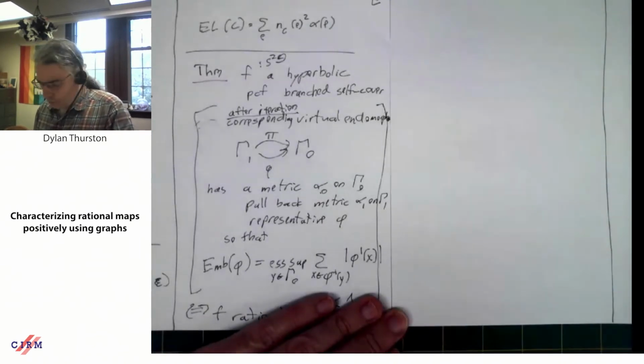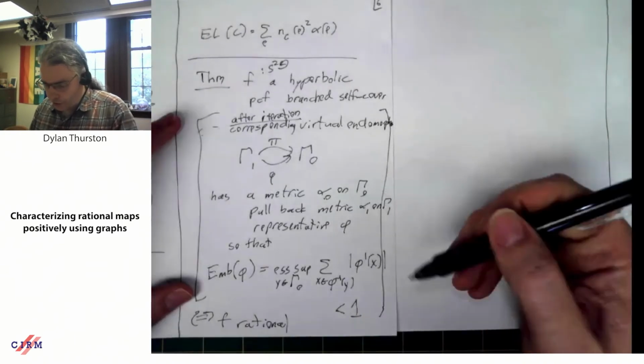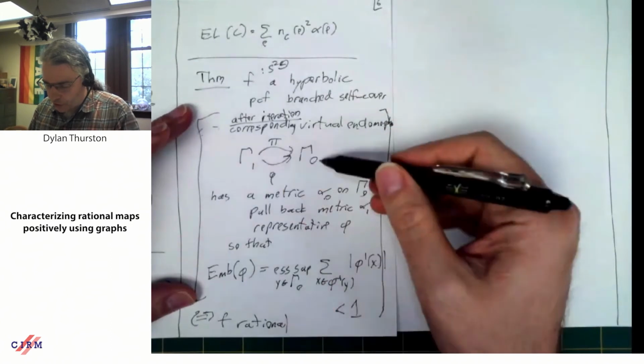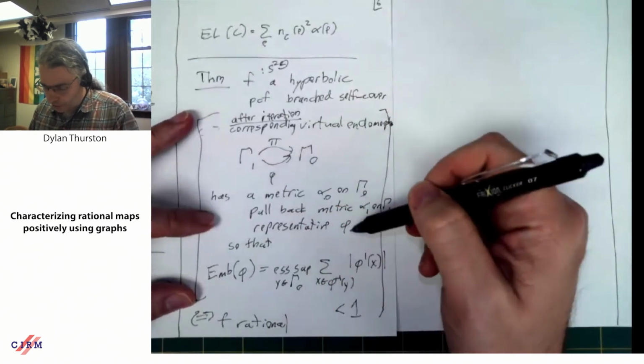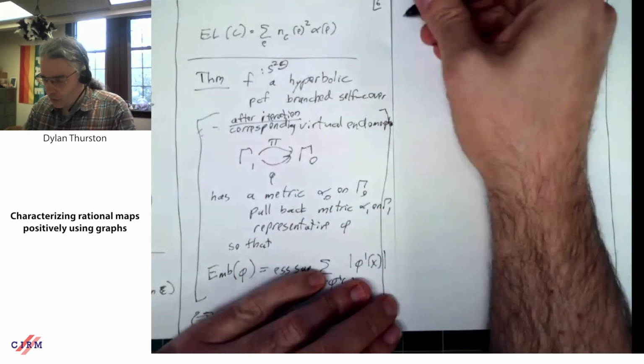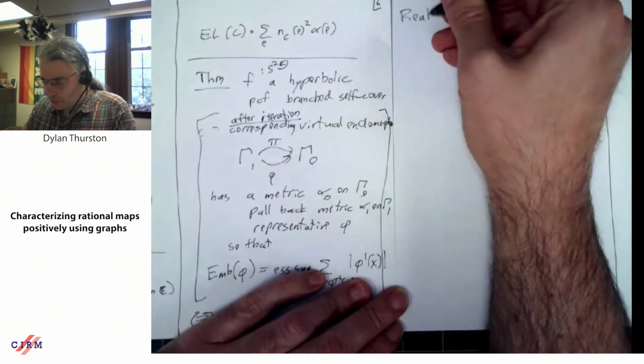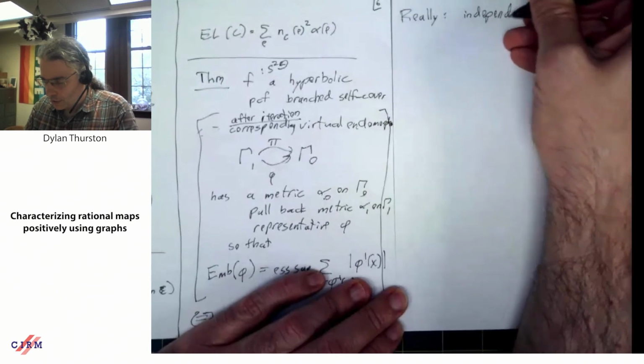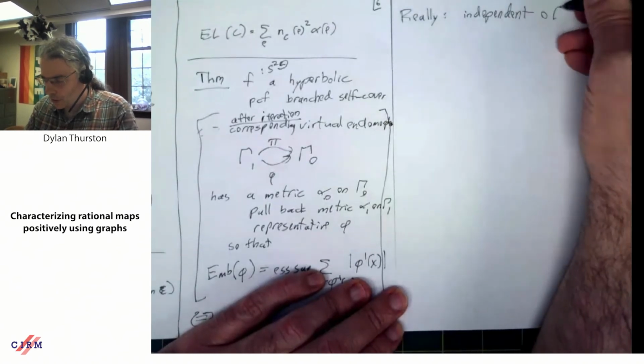Right, and there are various variations of this. After iteration, I said you can find some metric and some representative so that this is true, but really this is just like in the case of the stretching, this is independent of the representative.